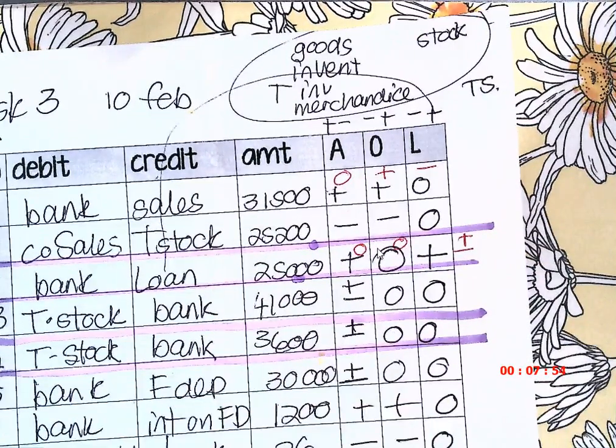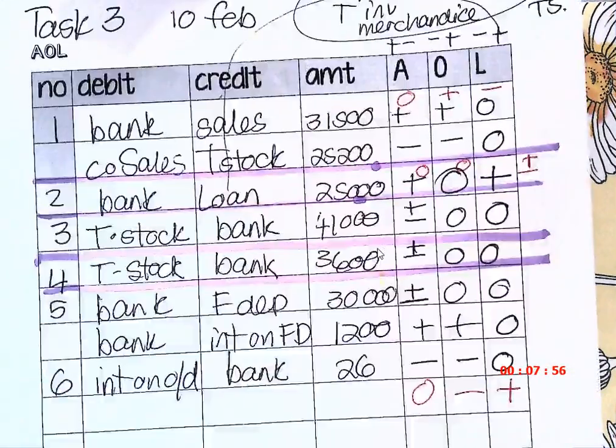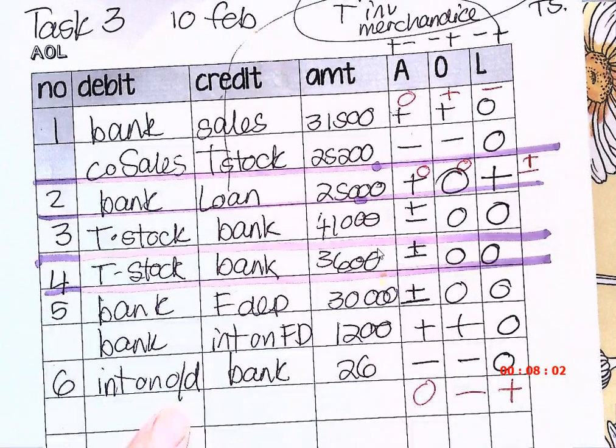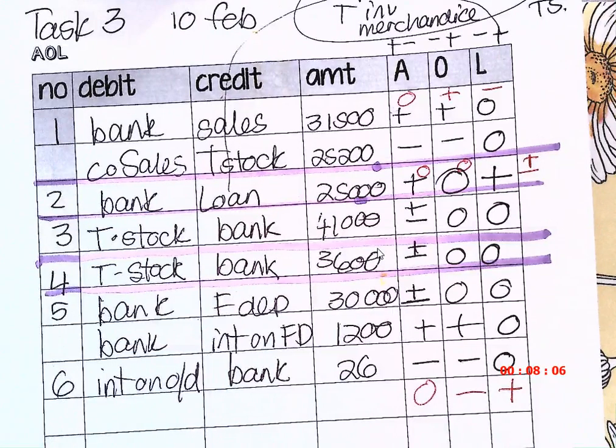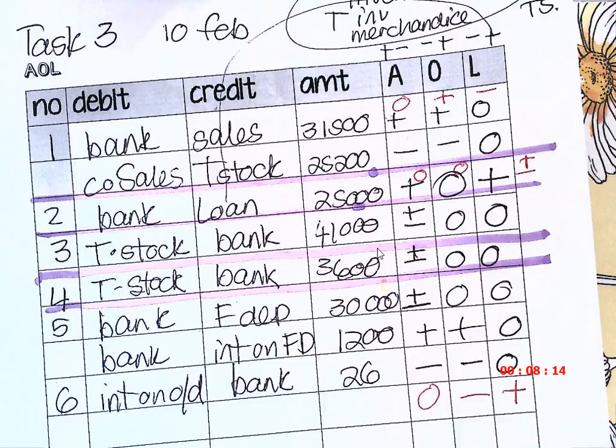Okay, let me go back. If I say to you, the bank, because they say here the bank interest is on overdraft, and if I look here at the balances, it says that the bank is an overdraft. So you didn't treat bank like an asset throughout the AOL. Okay?